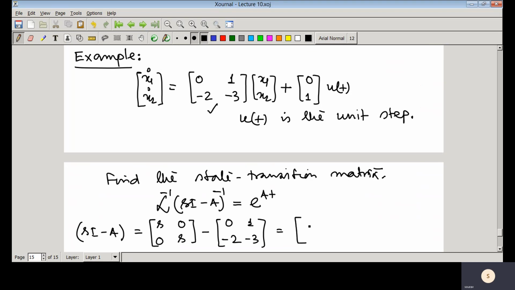So we have s, minus 1, plus 2, and s plus 3.